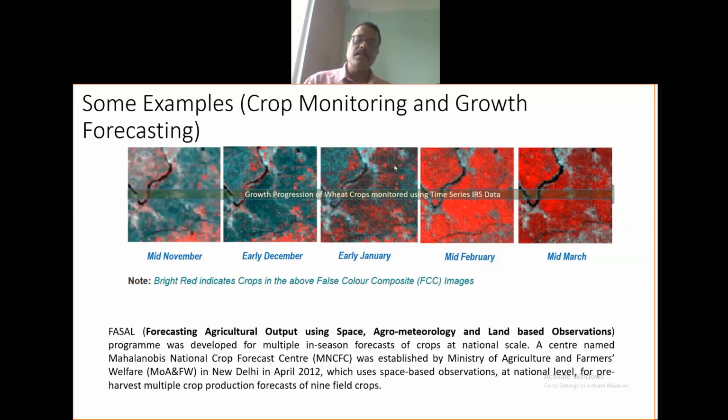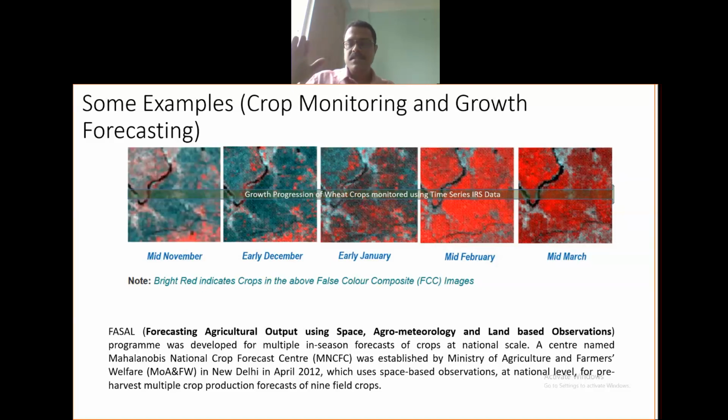So when trees grow, it is monitoring how good their growth is over different months, starting from mid-November, then early December, early January, mid-February and mid-March. The intensity of the redness of these pixels represents the vegetation vigor, or the strength of the vegetation. So we can really monitor how good the growth is.